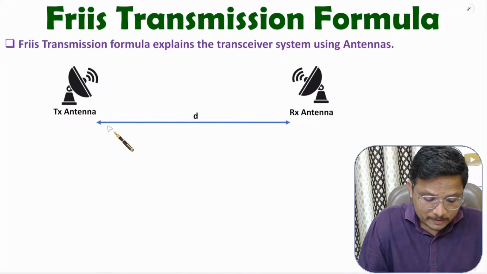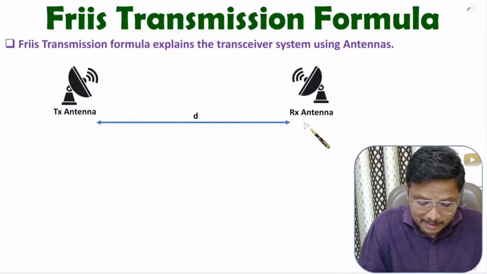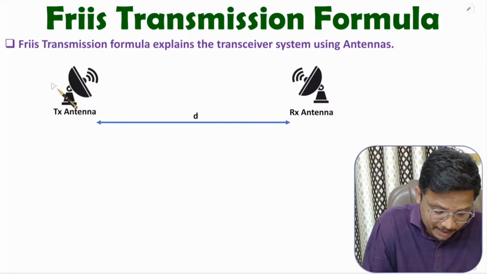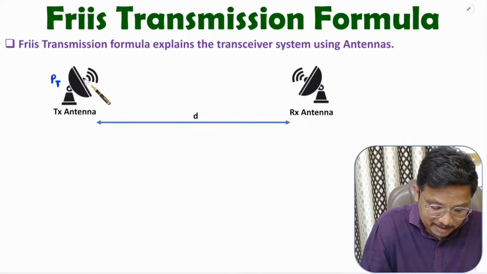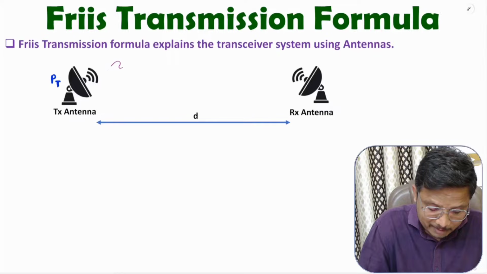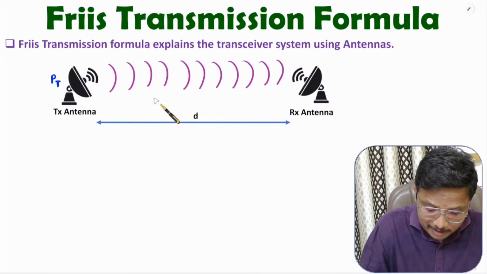Here, the transmitting antenna and receiving antenna are separated by distance d, and let us say we are applying power PT to the transmitting antenna. This PT power gets radiated by the transmitting antenna, which radiates EM waves in space.